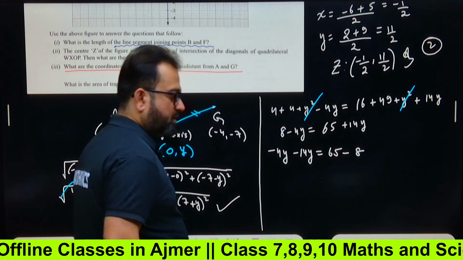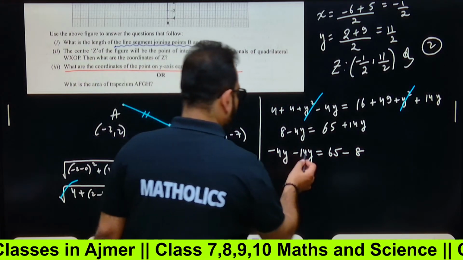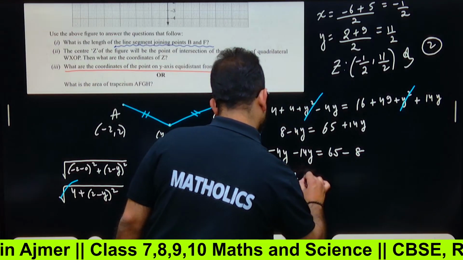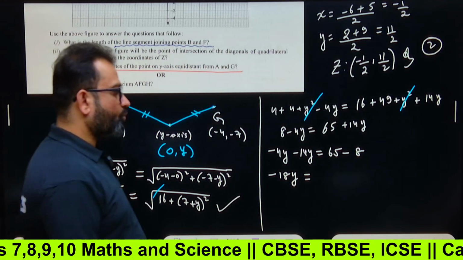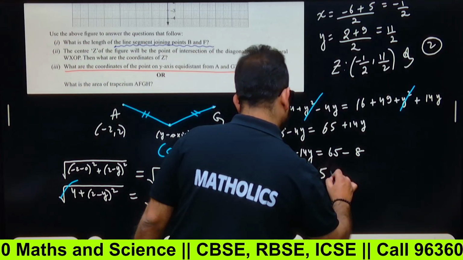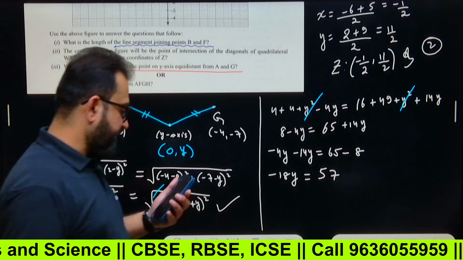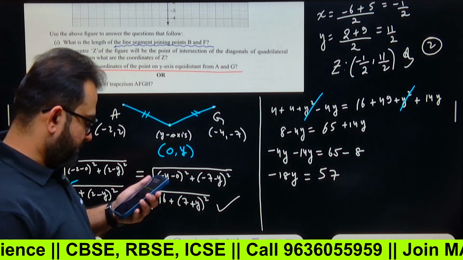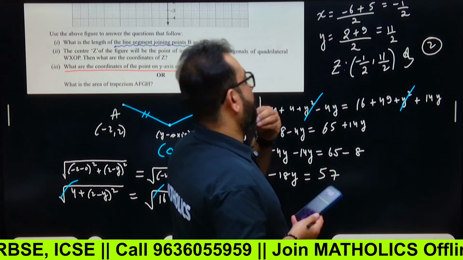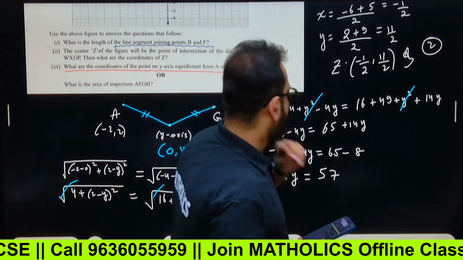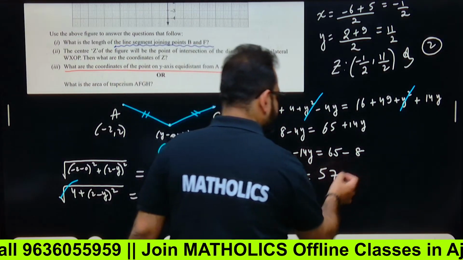It is minus 18y equals 65 minus 8. Is it 57? Check, check. Is it 57? Yes or no? Sorted? Okay, so 65 minus 8 is 57.